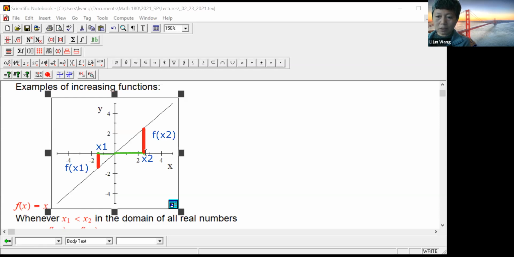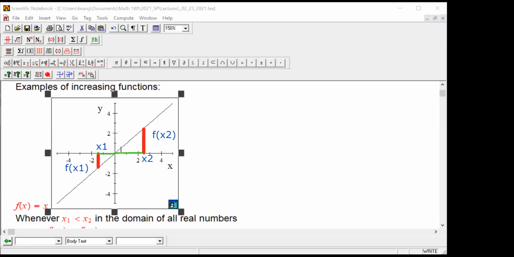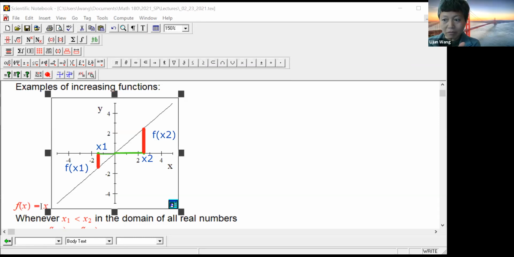Yes, the output is the same as input, but the input is a horizontal measurement. The output is a vertical measurement. Do you guys understand that? That's the basics. You probably have learned in elementary algebra. So this function, as we emphasize, is a very important function. What does it say? It says the output is the same as input.